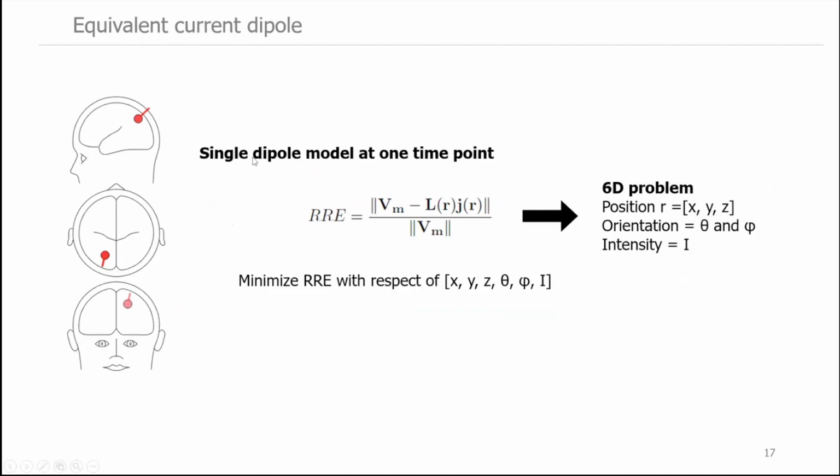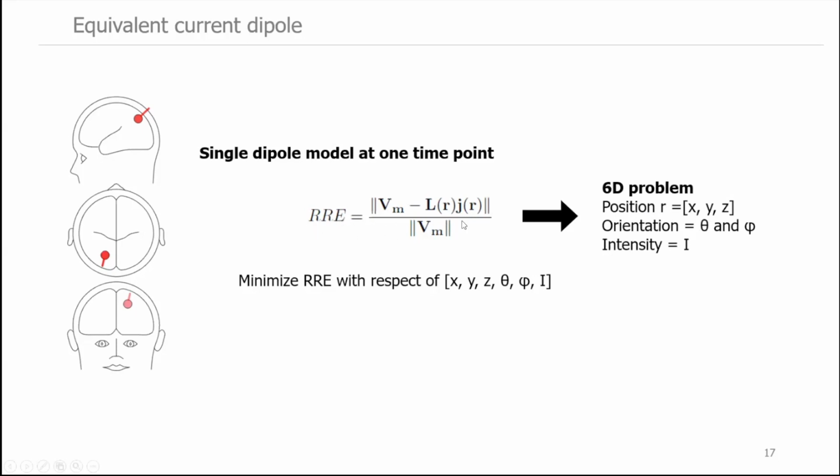So here you see, if you would use an equivalent current dipole, so if you would say, okay, we use a dipole at one time point, then you have your measured EEG, and basically you have a problem in which you have all the dipoles in the brain, so all the sources in the brain that you can change their position, orientation, and intensity, and you look for the source that minimizes this residual relative energy.